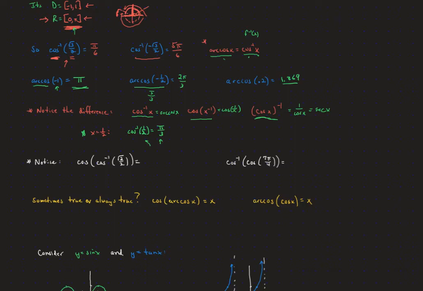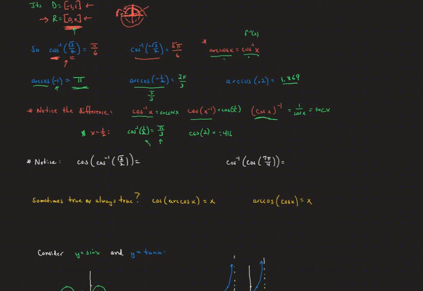Now what we want on the next one is we're asking for the cosine of the reciprocal of 1/2. That's the cosine of 2. And I don't know that one, so I'm going to go to my calculator, and cosine of 2 radians is -0.416.